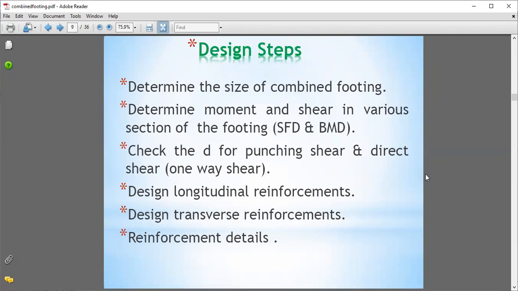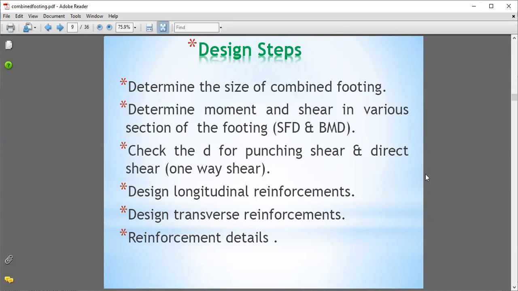Some of the design steps. Now we'll move towards the design steps. These design steps are related to the combined footing, where we have to calculate the bending moment, and where we have to calculate the steel reinforcement in the transverse direction and in the longitudinal direction. Again, we have to calculate the size of the footing.